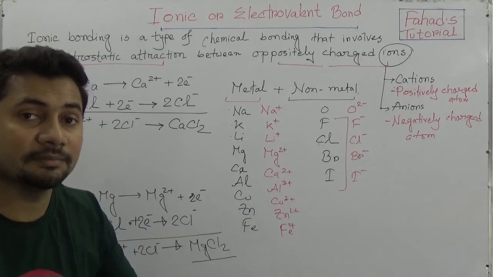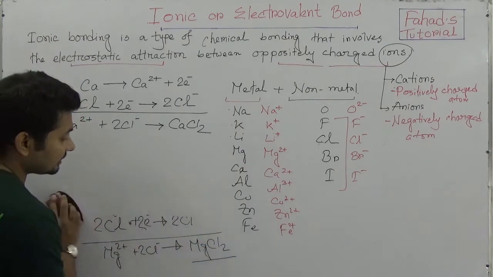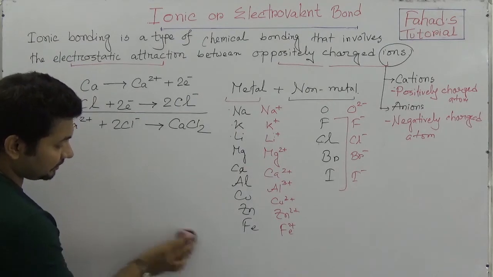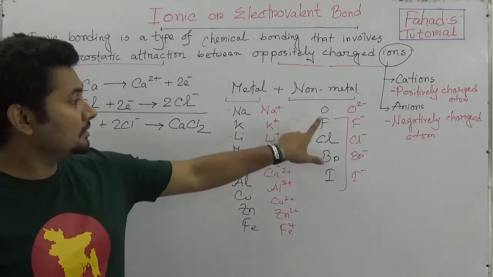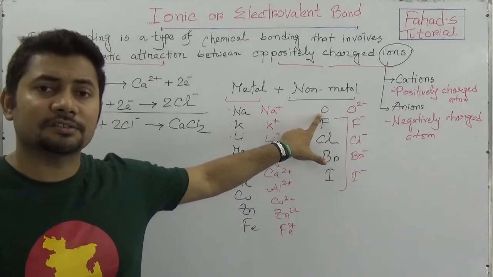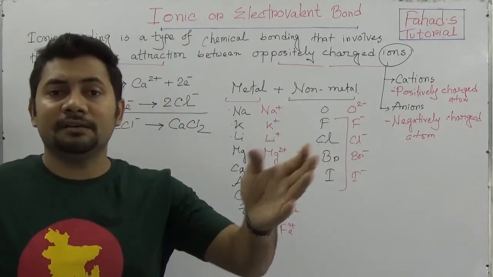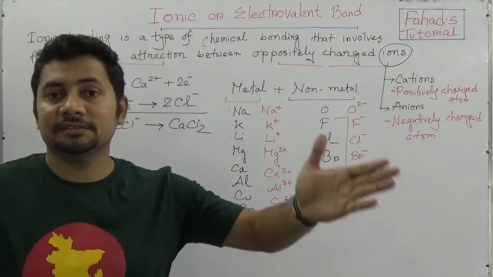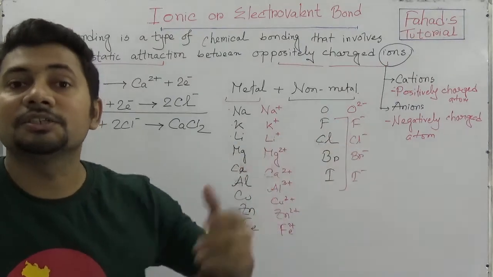But what about calcium oxide? What about magnesium oxide? Magnesium is donating 2 electrons and becomes magnesium 2 plus, but you see oxygen is ready to accept 2 electrons. So it will be easy. I mean, one atom is ready to donate 2 electrons and another atom is ready to accept the same number of electrons. It's good.